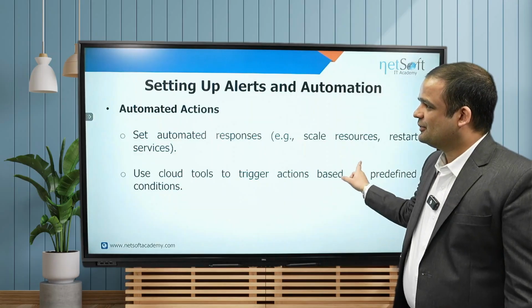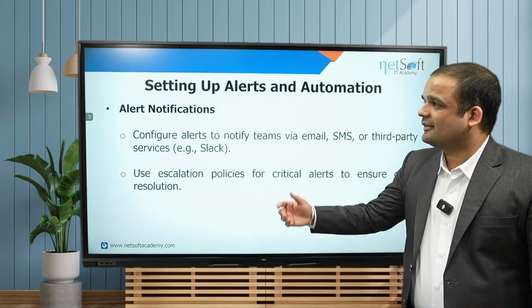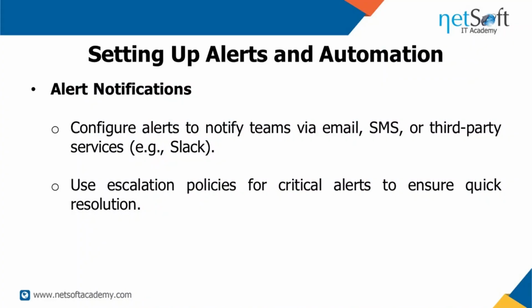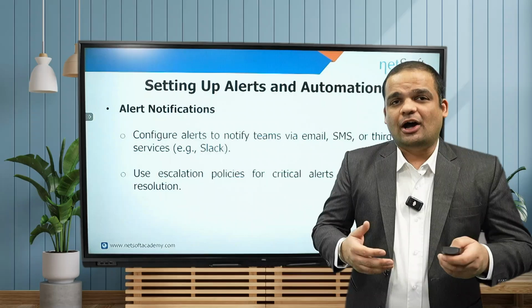Now we can move to the next. That is setting up alert notification. Here you configure alerts to notify a single person or a team via email, SMS, or maybe call or push notification sometimes.